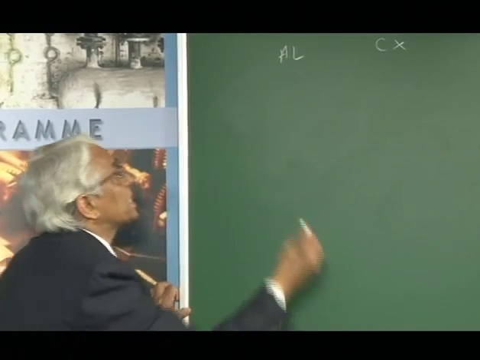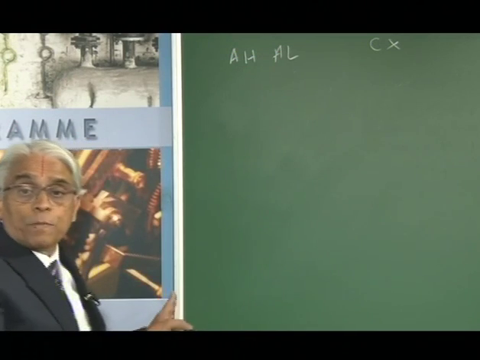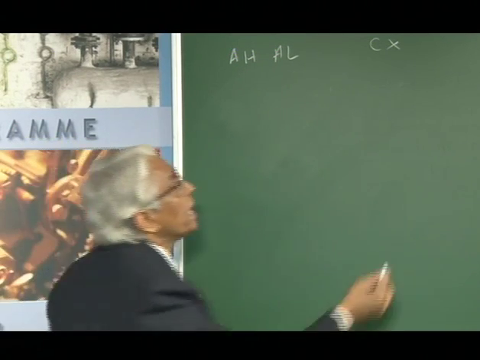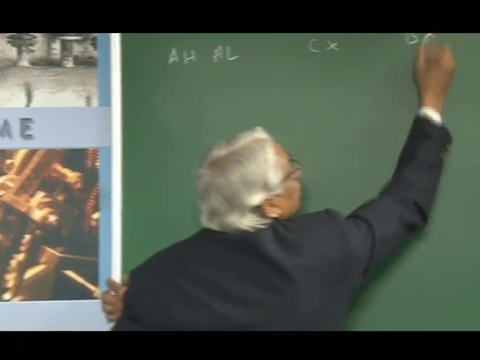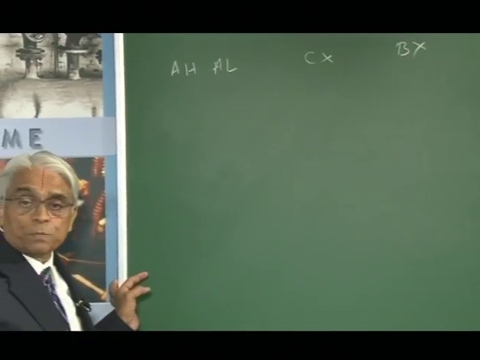Because sign extension is being given, I am going to use the AH register also, and I will represent everything in hex so that it becomes convenient. And we have the BX register, the 16-bit register where the result is stored.